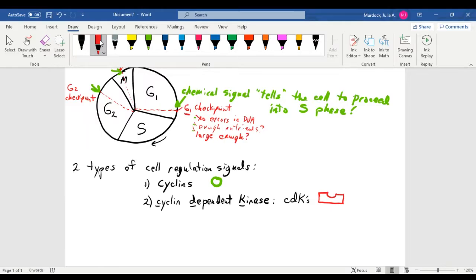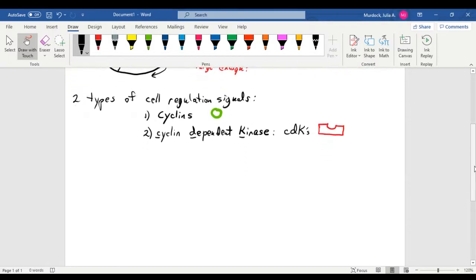So here's the thing, and this should make sense to you because of the way I've drawn those two molecules. A cyclin-dependent kinase cannot do its job unless it is bound to a cyclin.